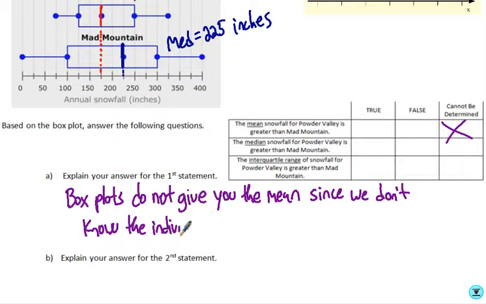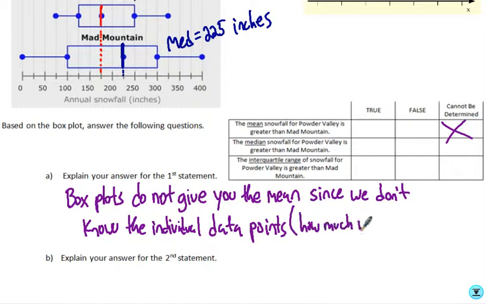Because to find the average, you have to add them all up and divide by the number that's there. I don't know what it snowed each year for these places, so we can't say that we know the mean, since we don't know the individual data points, which would be how much it snowed each year. We know snowfall over this 50-year time period, but it doesn't tell us that in 2002 it snowed 52 inches. We don't know that information.